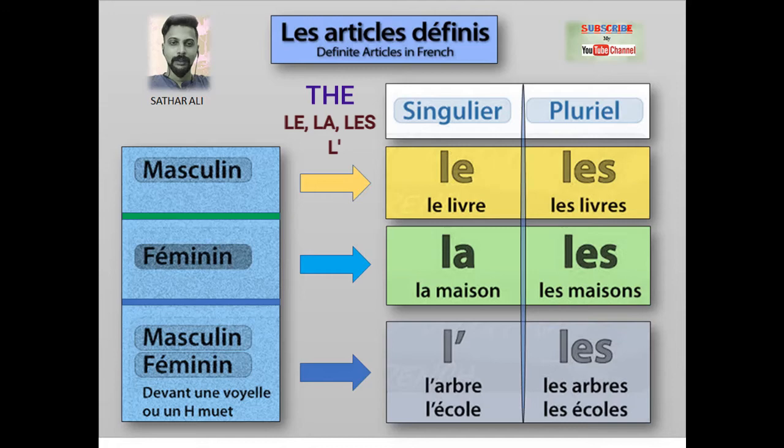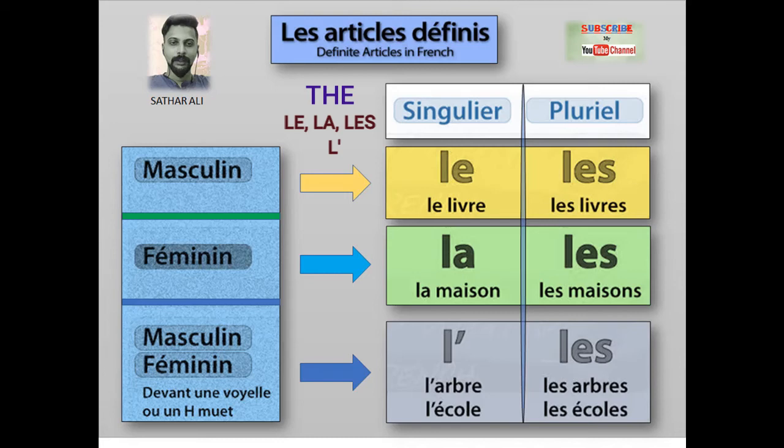In French, there are many words which start with h, but most of the time they will be mute. In hotel, it will be hôtel. H won't be pronounced. Hospital, in French it is hôpital. So H won't be pronounced.